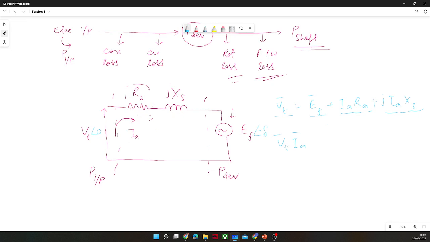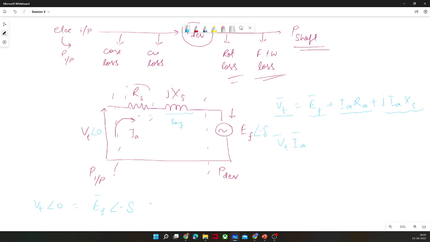And the current across Ra, or resistance, would be in the same phase as the current, and Xs drop would be leading. So overall, if I write in terms of phasors, Vt angle 0 is equal to Ef angle minus delta.